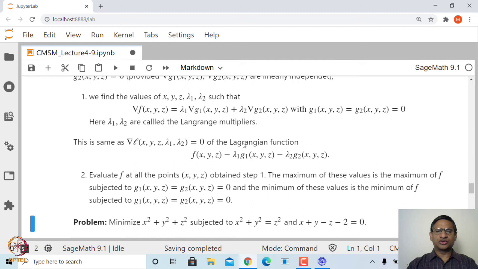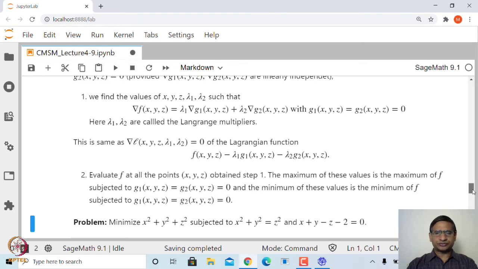Once you find the solution of this set of equations, how many equations do you have? You have 3 equations here and you have 2 equations here. So, 5 equations in 5 unknowns x, y, z and lambda 1 and lambda 2. Once you obtain these solutions, evaluate the function value at these solutions and then take the one which gives you the minimum and the one which gives you the maximum. So, these are the steps involved.